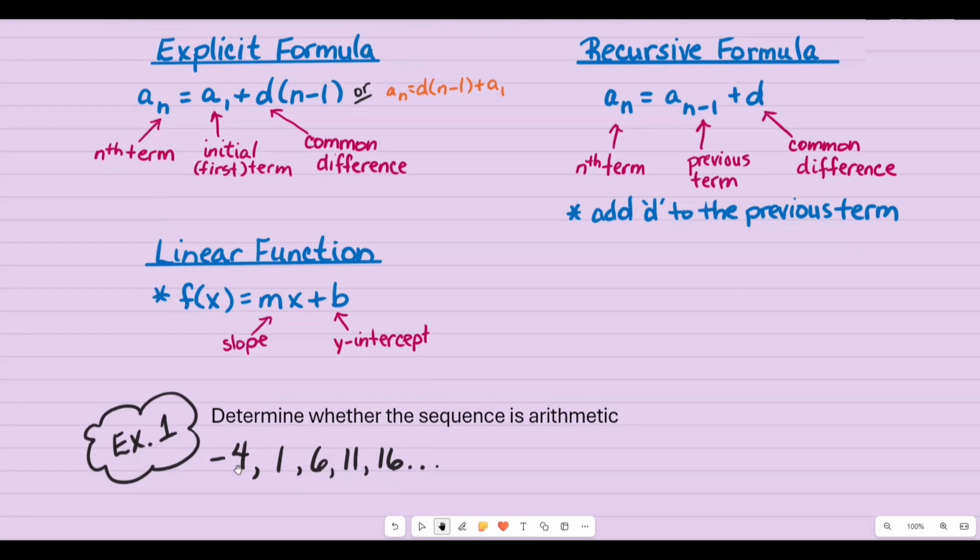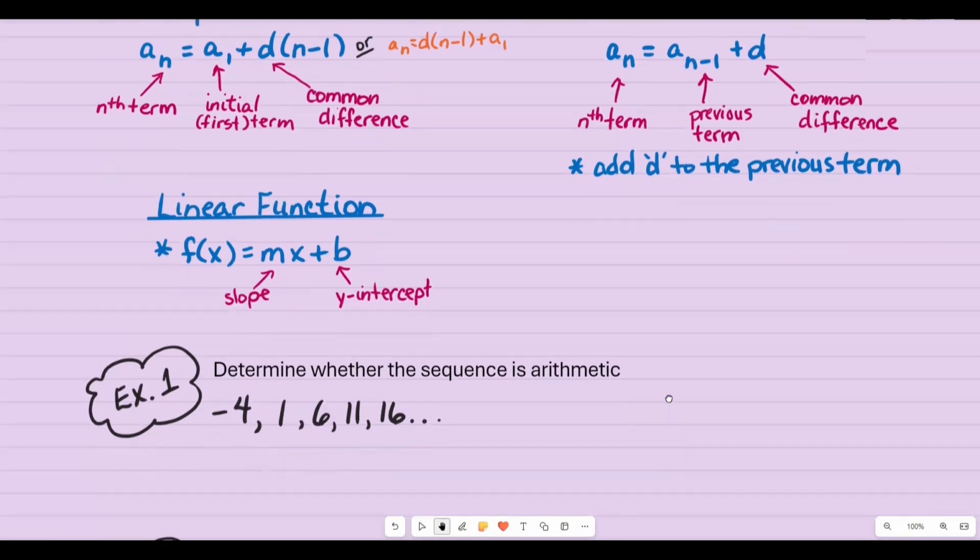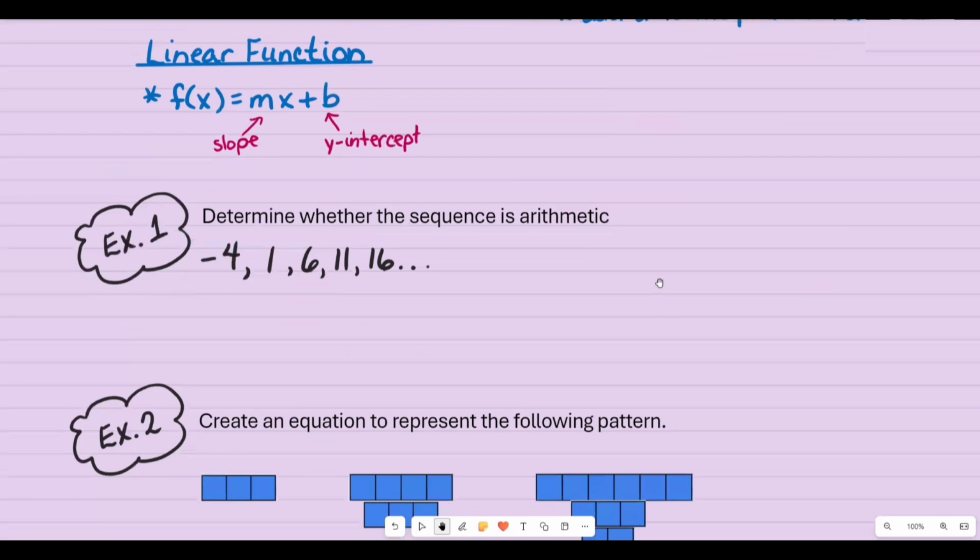So for instance, for number 1, -4 plus 5 would give me 1. 1 plus 5 would give me 6. 6 plus 5 is 11. 11 plus 5 is 16. So therefore, since I have the common difference, that means that I am actually dealing with an arithmetic sequence. So d in this case would be 5. And my a1 would be the initial term that's shown there, which is -4.